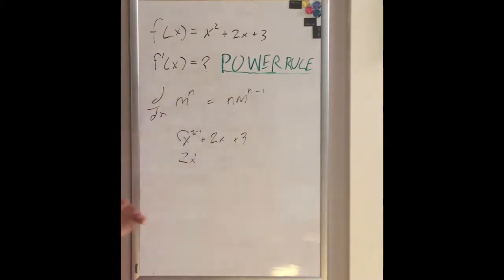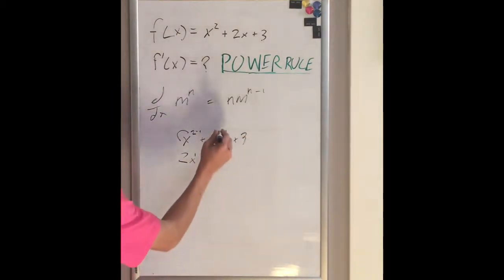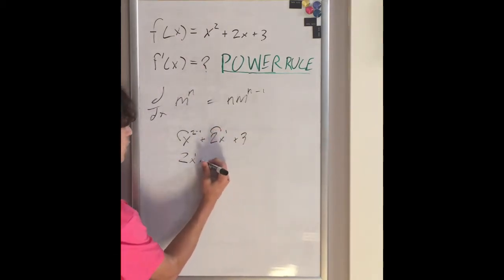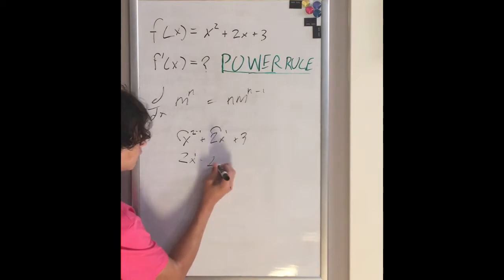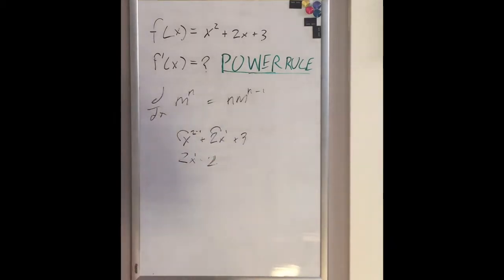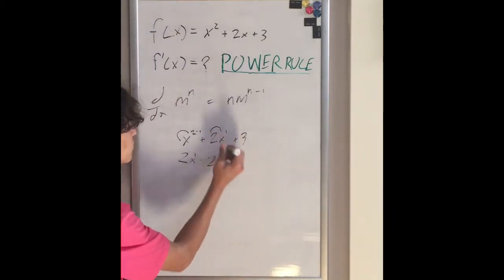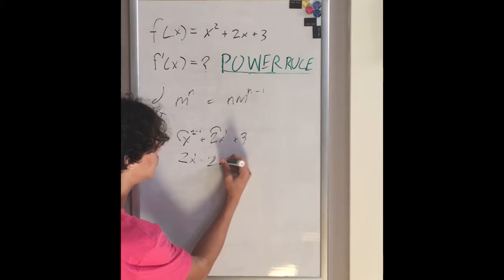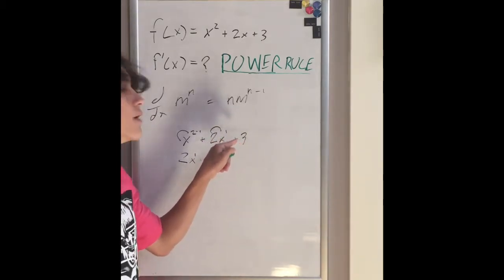Here, next term. This is actually 2x to the power of 1. What are we going to do? Multiply this by 2. Plus 2. 1 times 2 is 2. But wait, we have to subtract 1 from the 1 in the power.